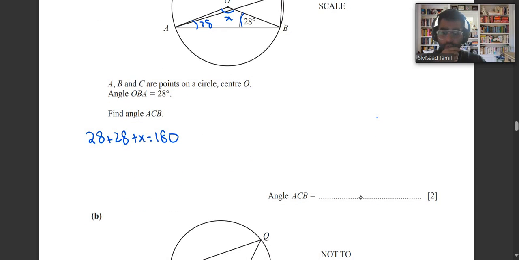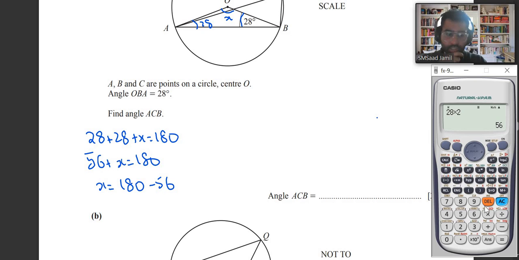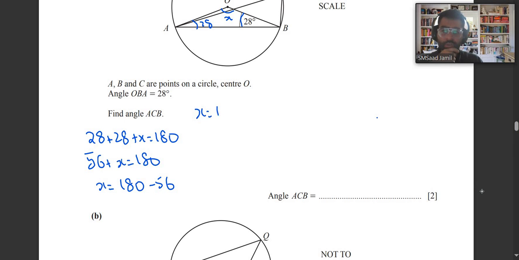Yeah, wow, my math is good. 56 plus x is equal to 180. X is equal to 180 minus 56, it's 124, but let me check again. Wow, x is equal to 124.